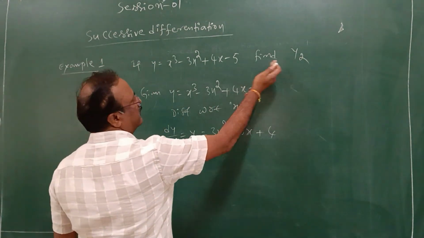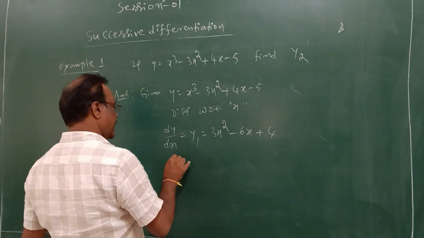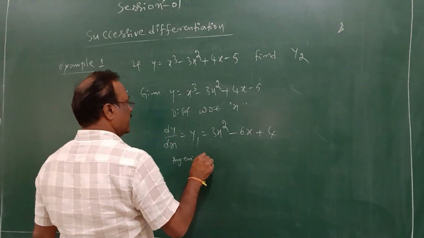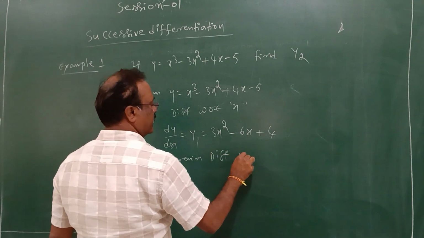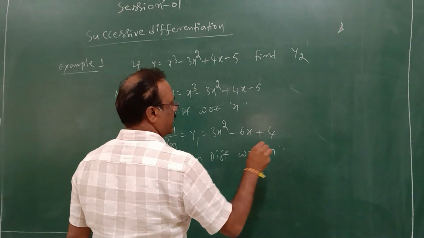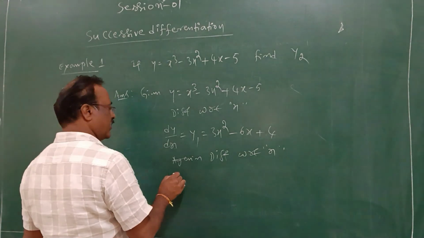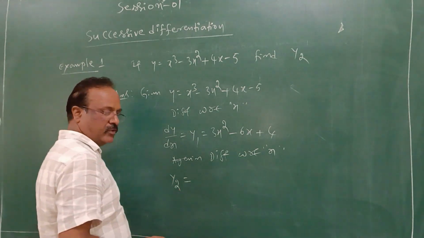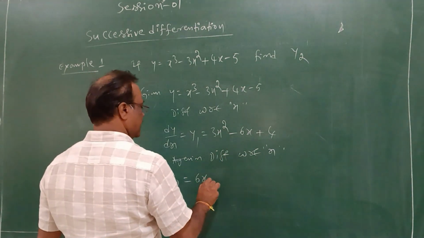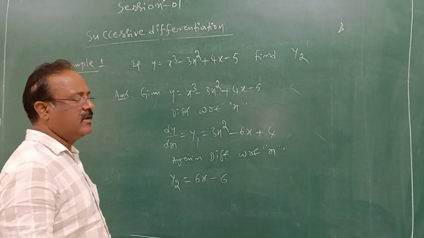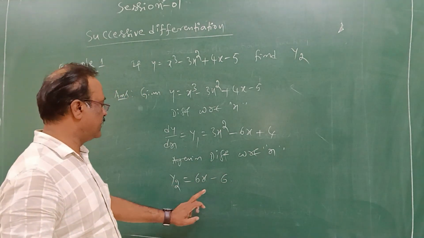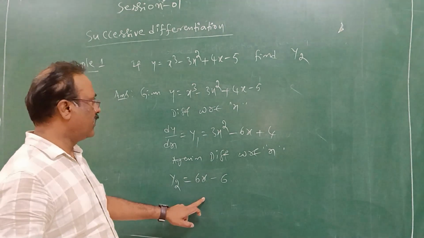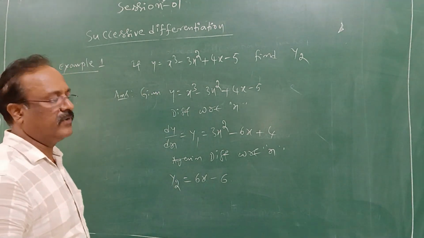Again, the problem demands the second derivative, y2. So again differentiate with respect to x. We get d squared y by dx squared, or we can say y2 is nothing but 6x minus 6, 4 derivative is 0. This is the second order derivative of the given function.